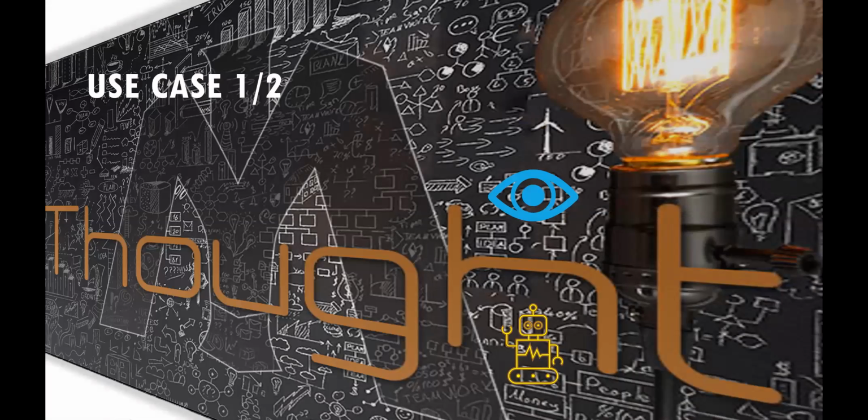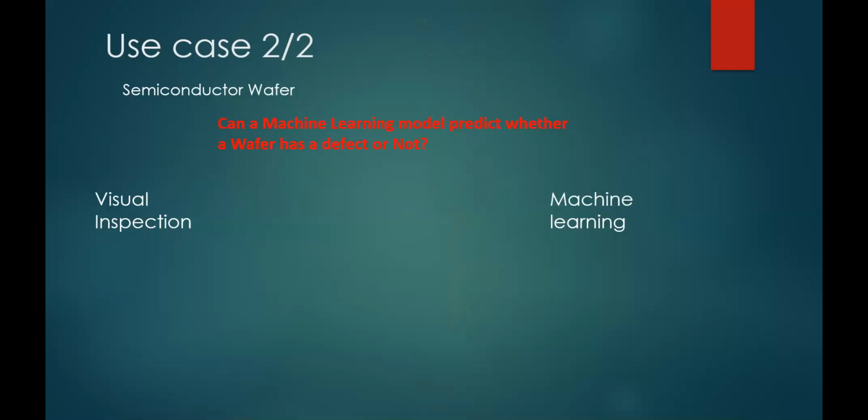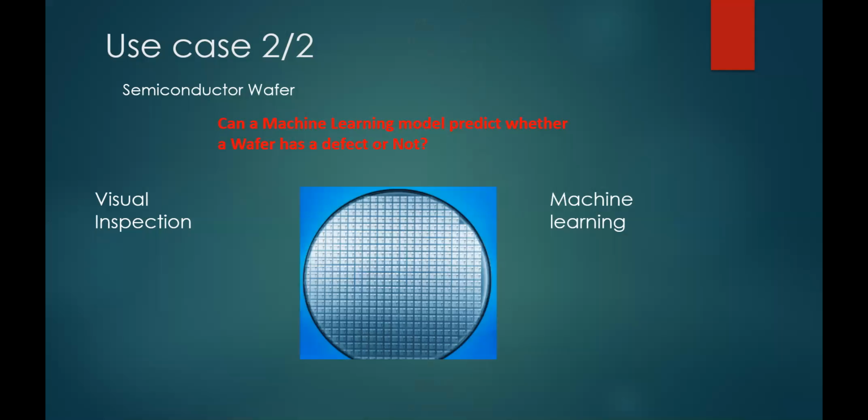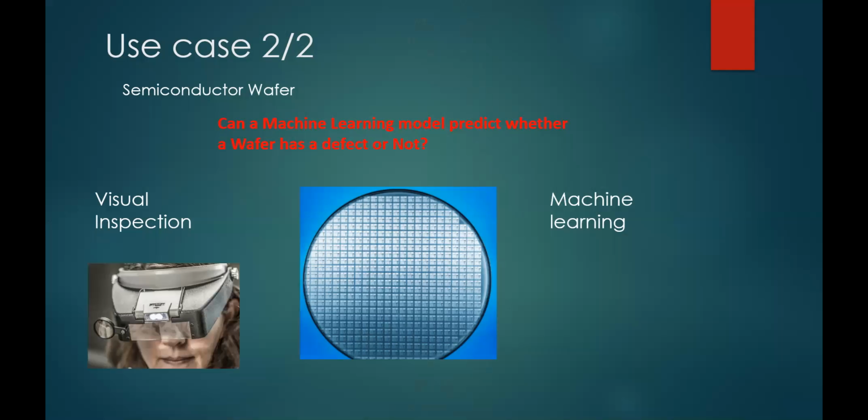In my opinion, machine learning and artificial intelligence can be used in different processes of manufacturing products. For example, in the quality control of manufactured semiconductor wafers, specifically in defect detection, where human visual inspection has been gradually replaced by AI and ML algorithms.